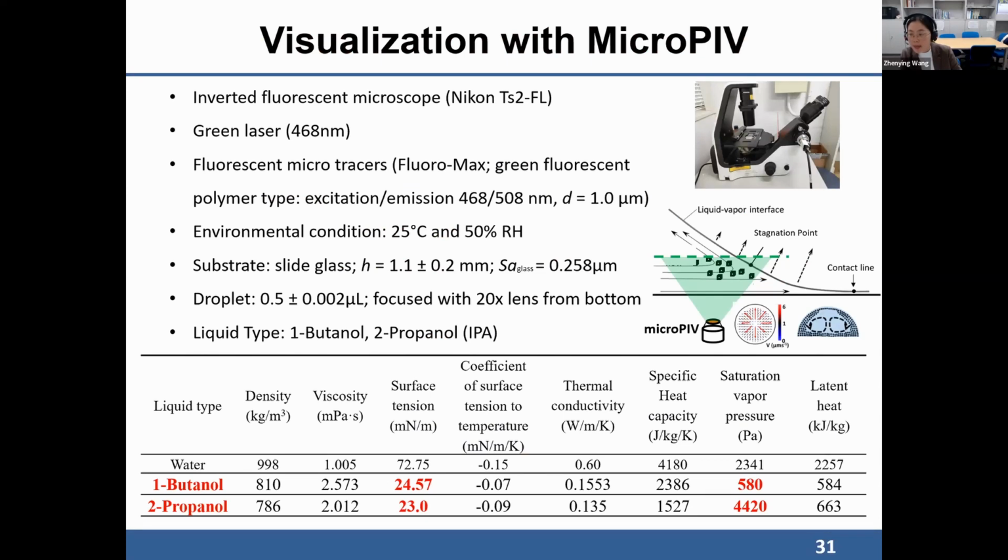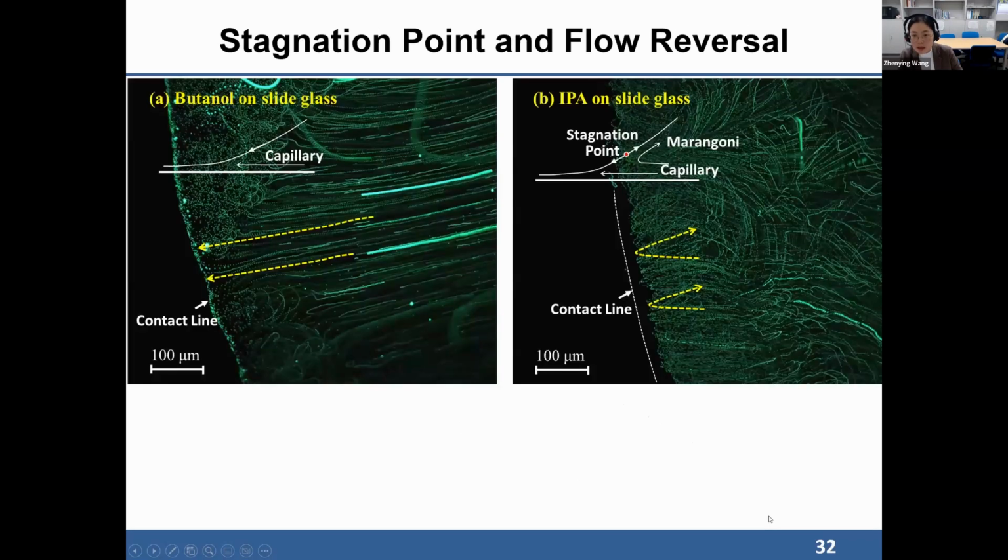And we did further visualization with micro-PIV. We chose butanol and IPA, which have different saturation vapor pressures, and this is some result of the micro-PIV. For low volatility butanol, we observe an outward capillary flow towards the contact line, while for the more volatile IPA droplet, we observe a reversal of the flow field near the contact line area.